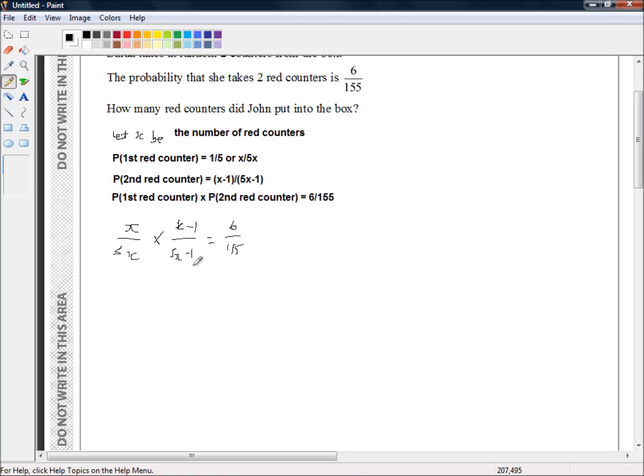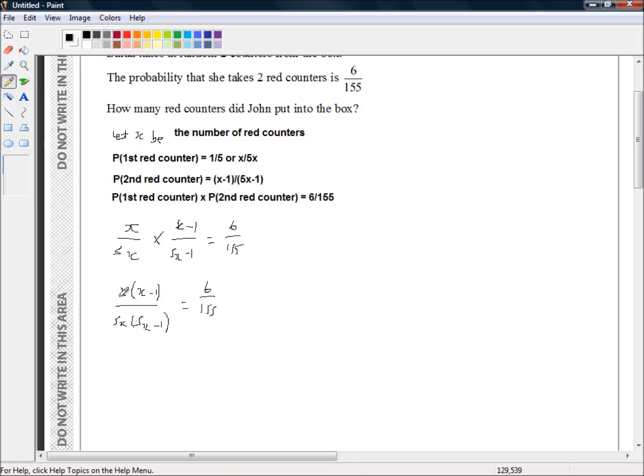So multiplying these two together, we've got x into x minus 1 out of 5x into 5x minus 1, and that's all equal to 6 out of 155.